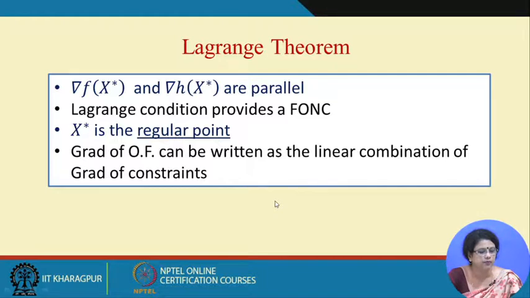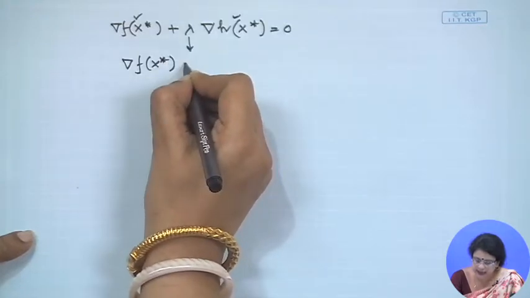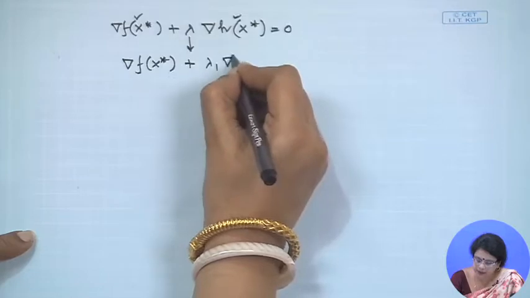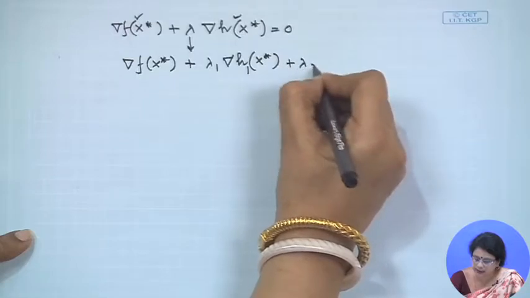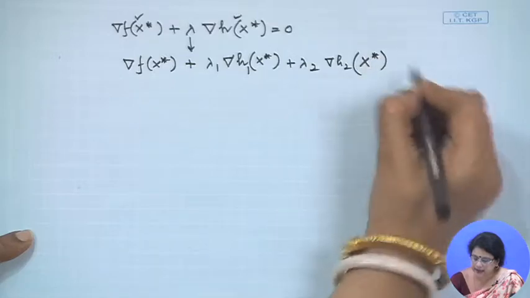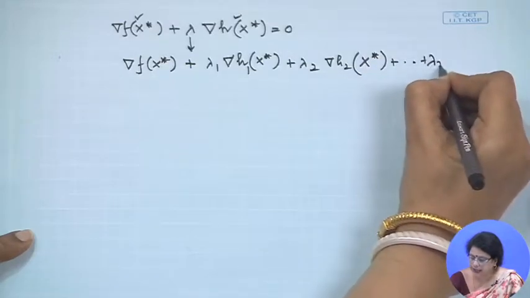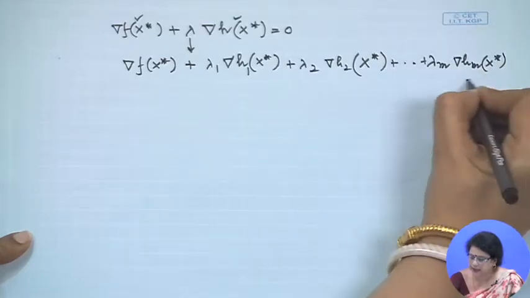Now, as I said, the gradient of the objective function is parallel to the gradient of the constraint. But if we have more than one constraint, then what do we do? We write grad of f(x star) plus lambda 1 grad of h1(x star) plus lambda 2 grad of h2(x star), up to lambda m grad of hm(x star), if there are m constraints, equal to 0.